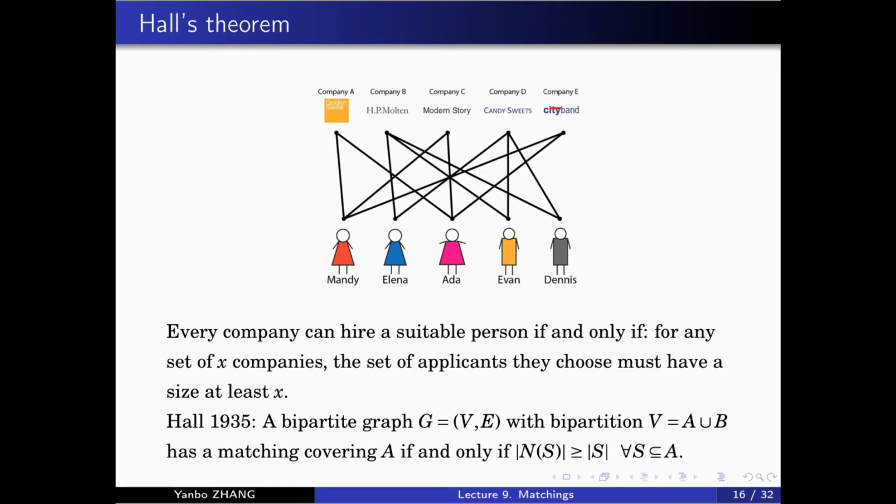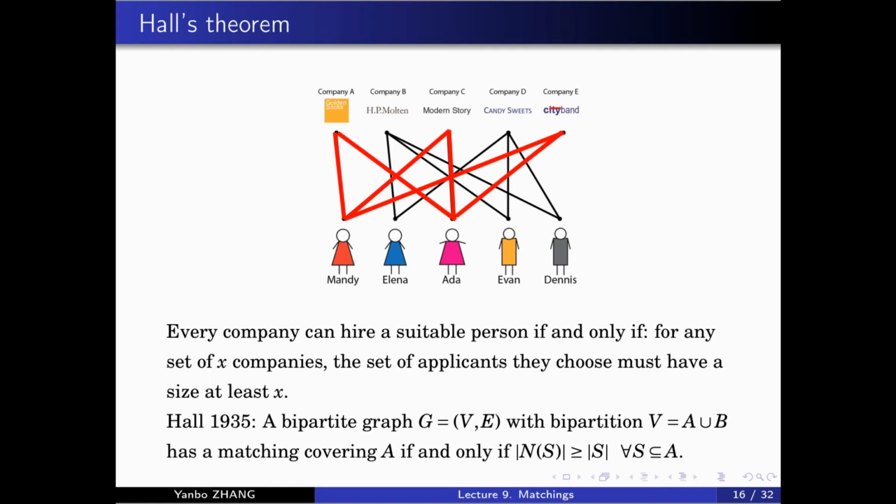Here's why. Focus on the choices made by companies A, C, and E. We see that the 3 companies only chose 2 applicants, Mandy and Ada. So obviously, one of the three companies will not be able to hire.